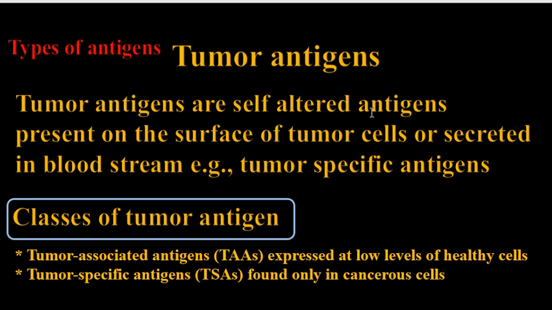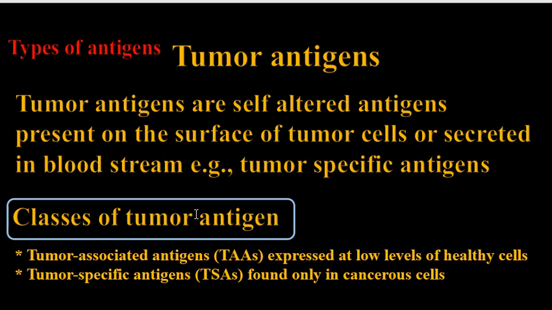So they are self in origin, but they undergo some alteration, and due to that, they will be seen as non-self. And these antigens are present on the surface of tumor cells or secreted in the bloodstream.